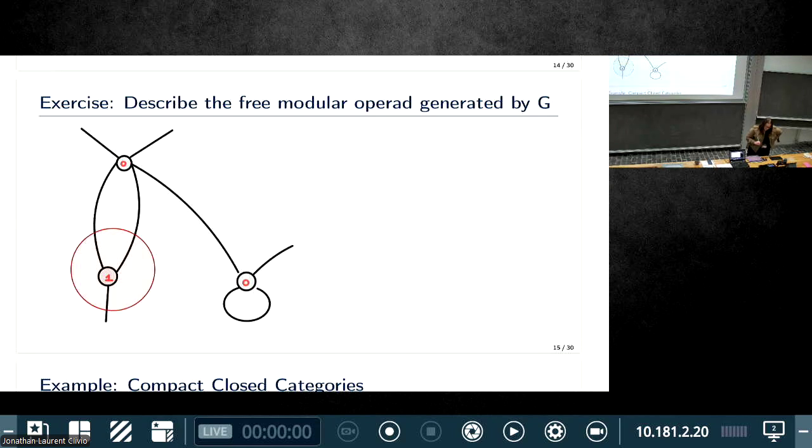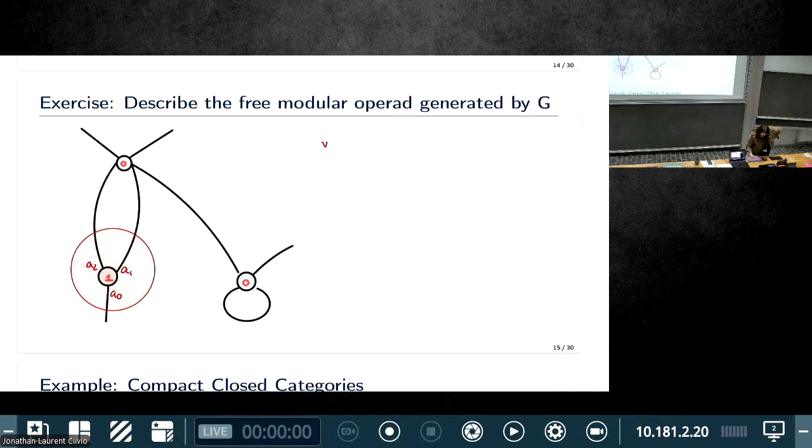So here I have a generating operation of my free modular operad for this graph, which is going to live in, we'll give this a name, A1, A2, A0.